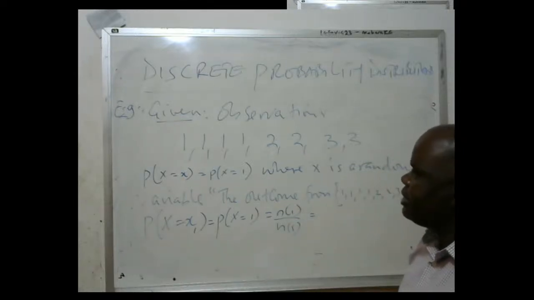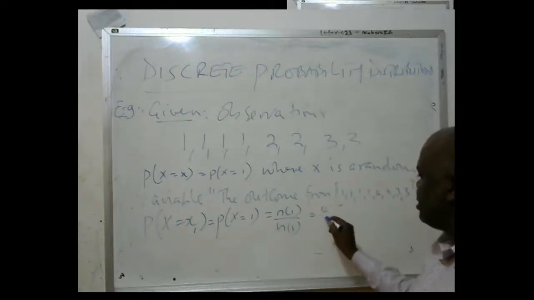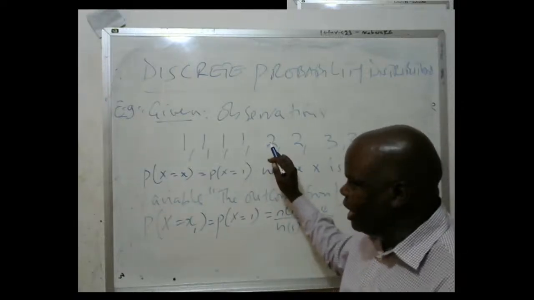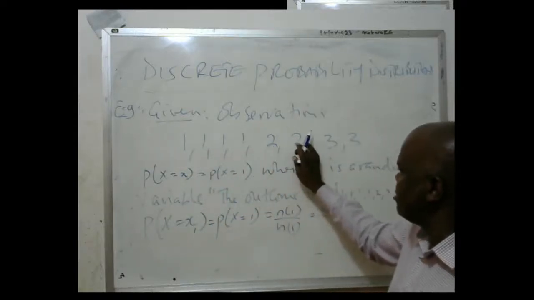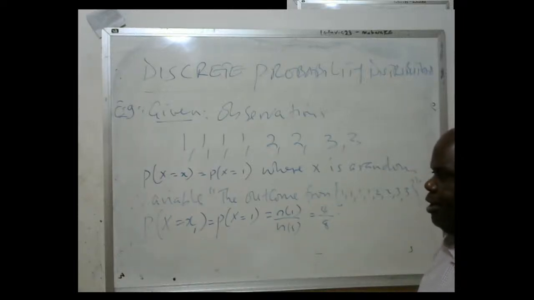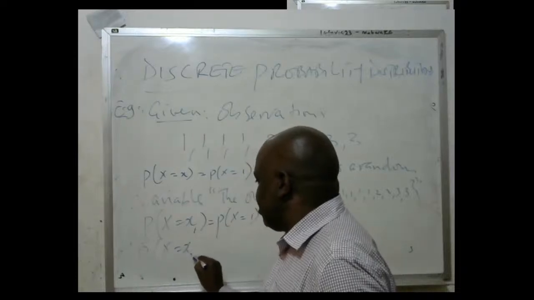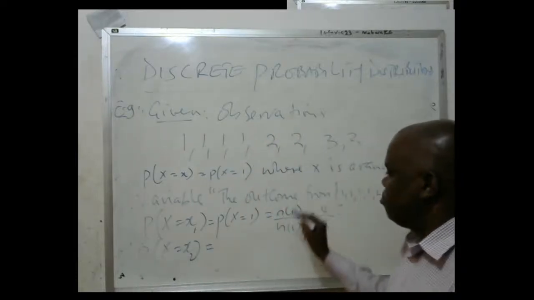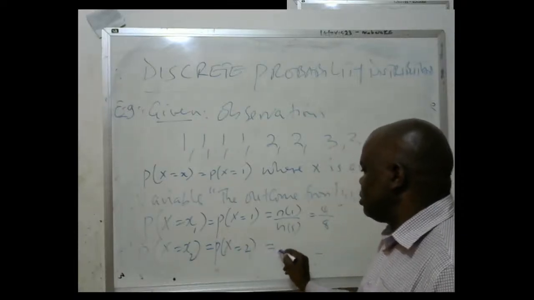So how many ones are here? It's 1, 2, 3, 4. So there are 4 ones. How many observations are here in this sample space? 1, 2, 3, 4, 5, 6, 7, 8. So this is 4 out of 8. Now, the probability that the second observation is 2. What's that chance?